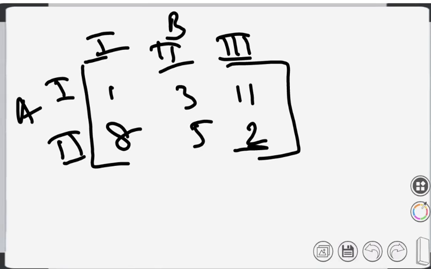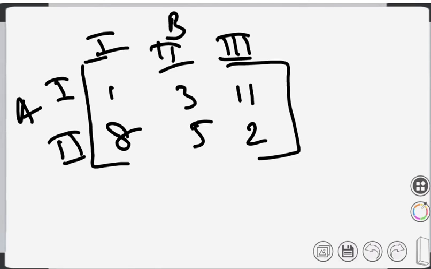So this is the payoff matrix, and we have to check. What we said in the previous class is that first we have to check whether the game is deterministic or not. Please write along with me. First we have to check whether the game has a saddle point or not.